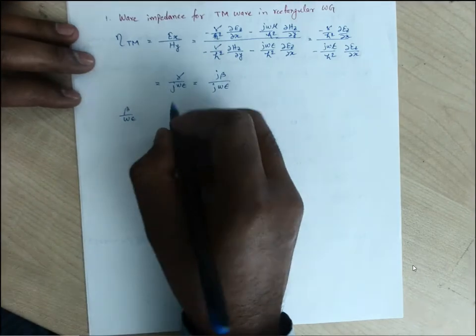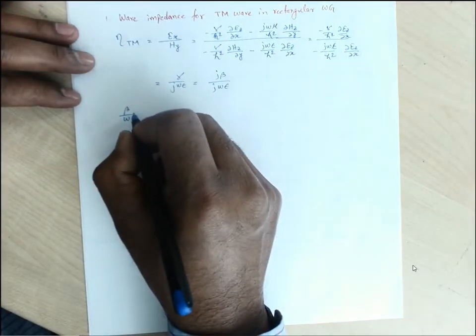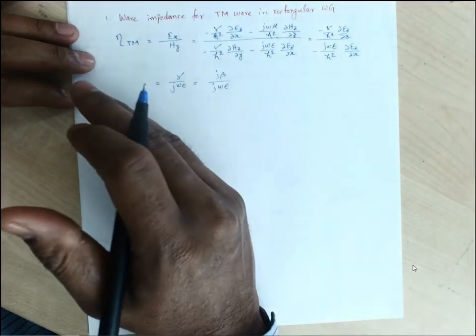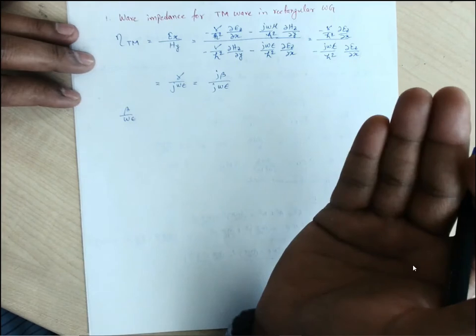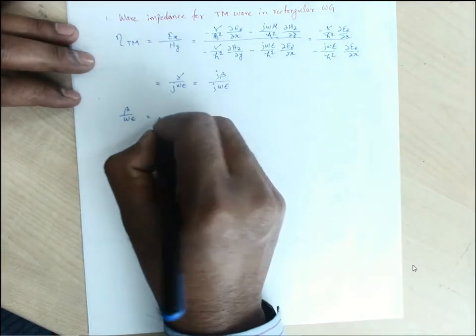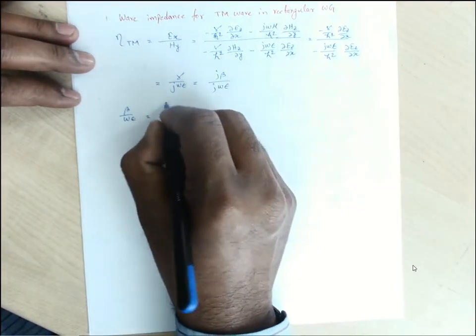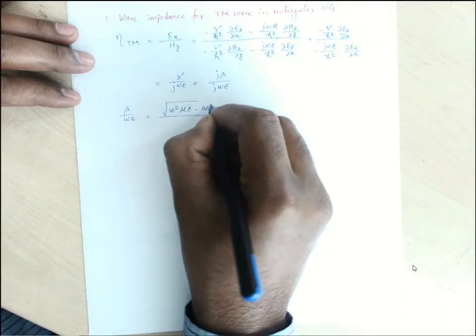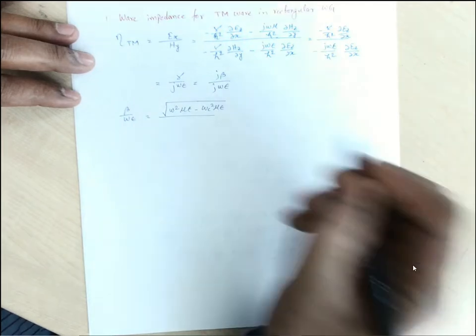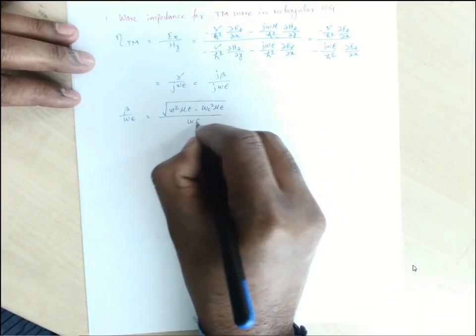We know that when we have wave propagation, that is the frequency just above the cutoff frequency, beta is root over omega square mu epsilon minus omega c square mu epsilon, divided by omega epsilon.